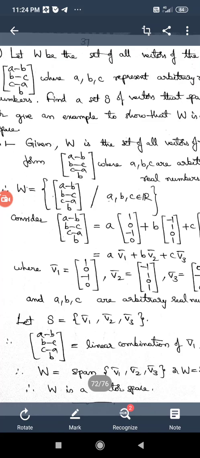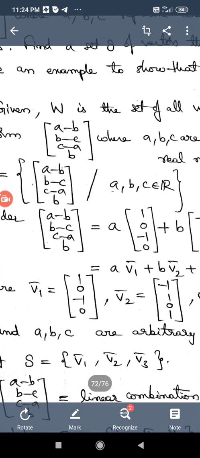We can represent this in the notational form for the set W as W is equal to the set consisting of the 4 by 1 column vectors (A minus B, B minus C, C minus A, B), such that A, B, C belong to capital R. Now consider this arbitrary element, as A, B, C are arbitrary real numbers.